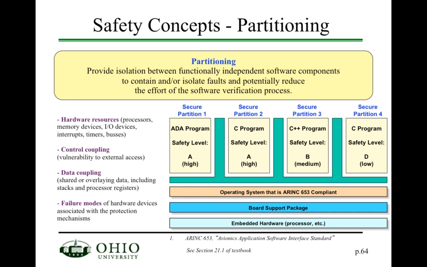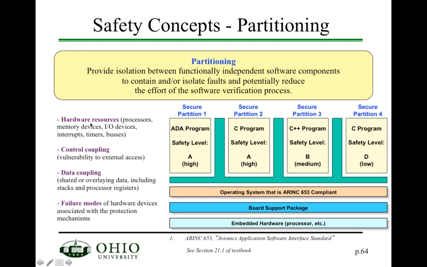You don't want to have any coupling between these individual software components, so you have to isolate them from one another. For example, here you see there are 4 software components running, and you want to have them on separate partitions. You don't want any errors, for example in this level D component, to cause problems for this level A component software.